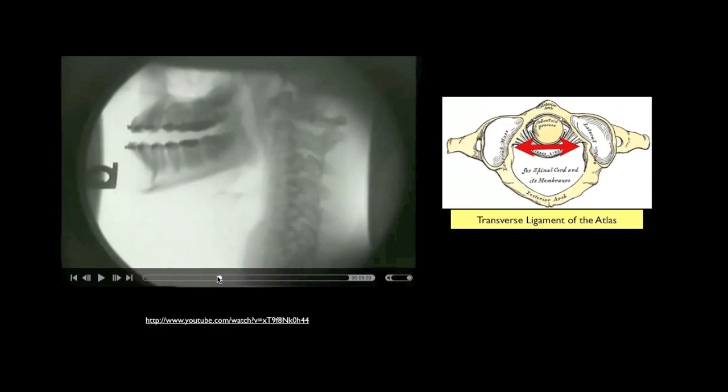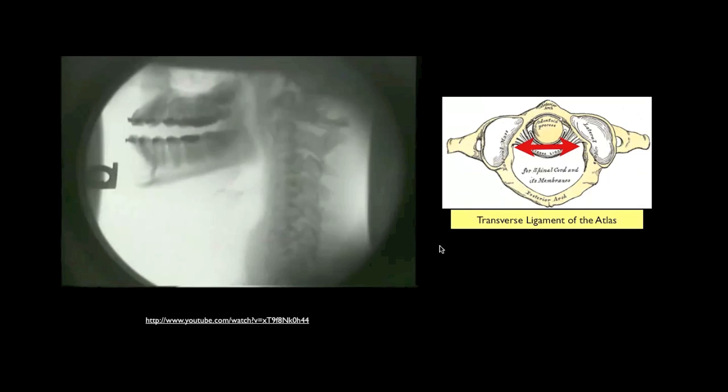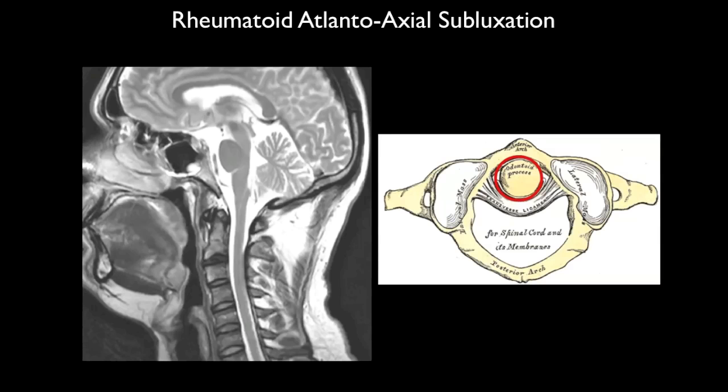This is the type of problem that can result, and it can be grossly unstable, certainly if the transverse ligament is still intact. The other problem that we see this in sometimes is rheumatoid atlantoaxial subluxation. In people with rheumatoid arthritis, the synovial joint between the peg and the atlas can become inflamed.